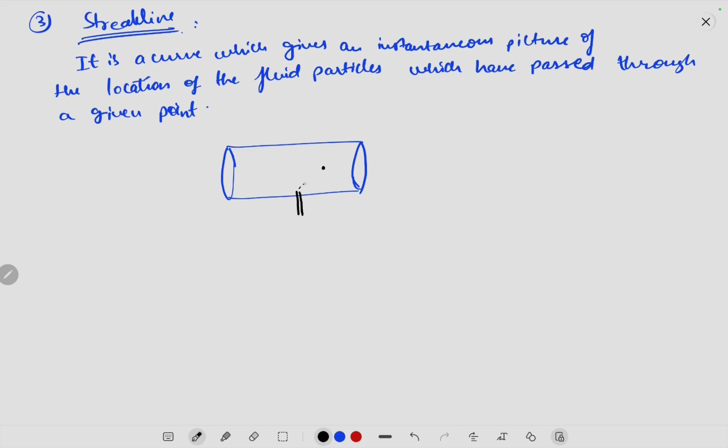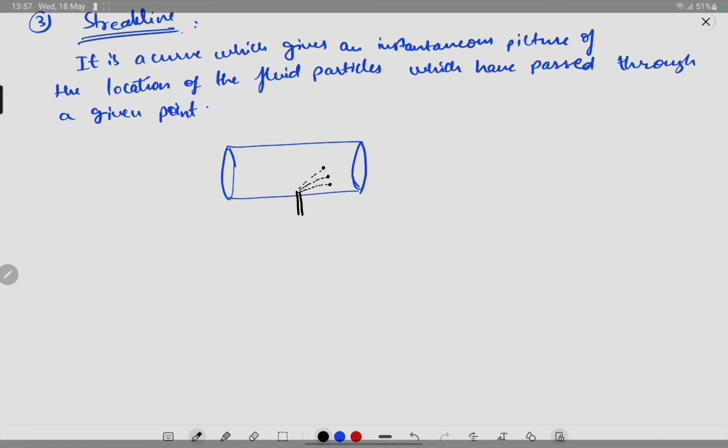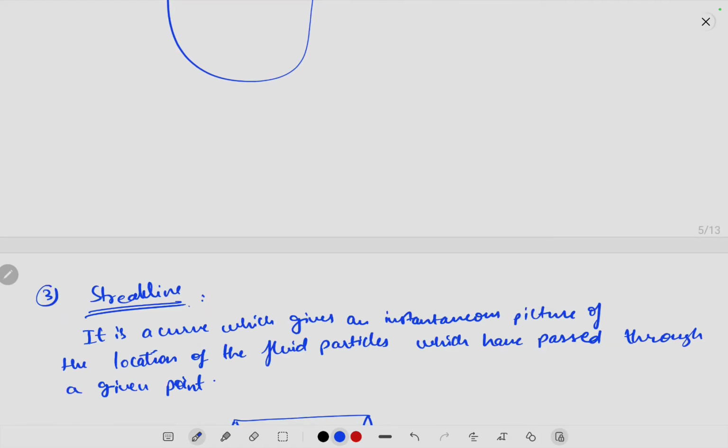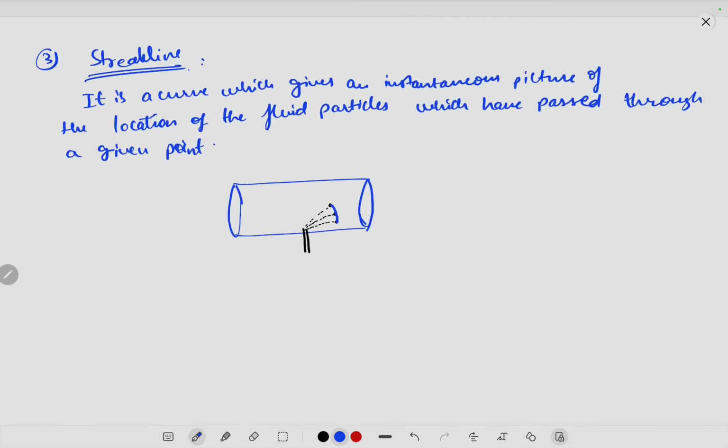So this was the earlier trajectory of this particle. The next tracer particle follows some other trajectory, let's say it goes like that, and the third particle, let's assume that it goes like that. So then in this case, this would be my streak line. So this is the difference between the streamline, streak line and path line.